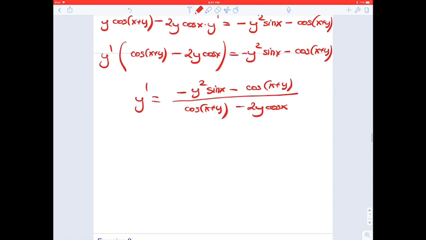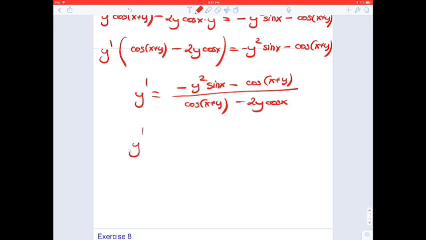One thing that I can do, just in case, is factor out a negative sign on the top, so both of the terms will become positive. I'm factoring out a negative sign, so this will become positive, and cosine of x plus y will become positive.